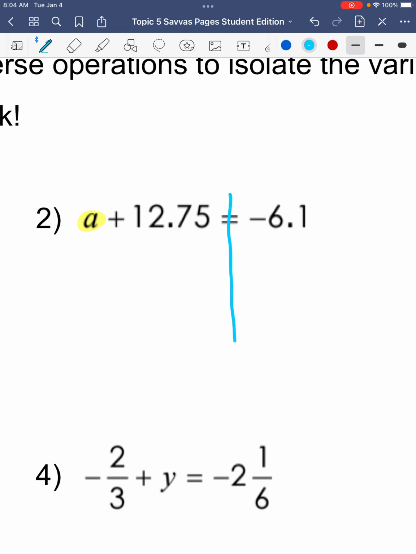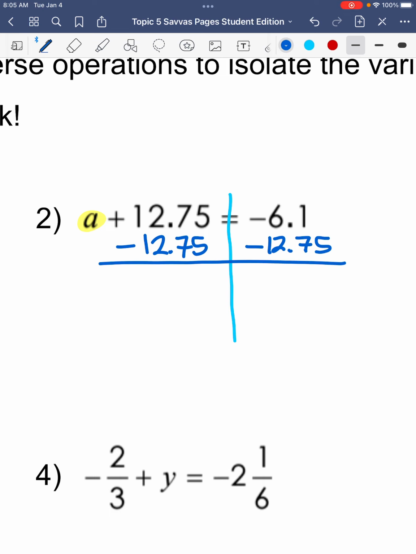Well, if you said subtraction, you're right. And remember, whatever I do on one side, I want to do on the other. So I'm going to end up subtracting 12.75 on both sides of my equal sign. Now on the side with the a, 12.75 minus 12.75, that cancels out, and I'm left with a by itself, which is exactly what I want. But on the other side, I have negative 6.1 minus 12.75, and you could work that out on paper, or you can use your calculator.